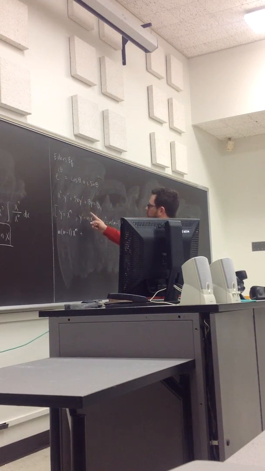The x multiplied by x to the m minus 1 gives us x to the m, so it's 5m x to the m. And then the last term is 13 x to the m.